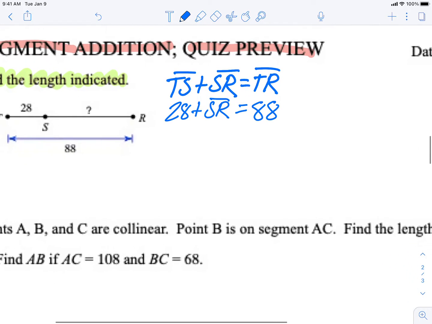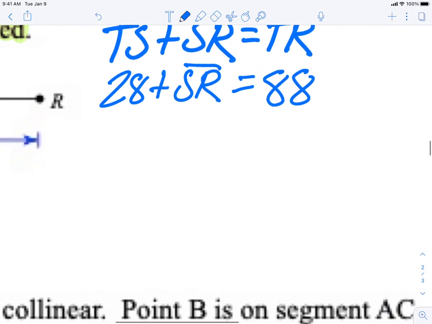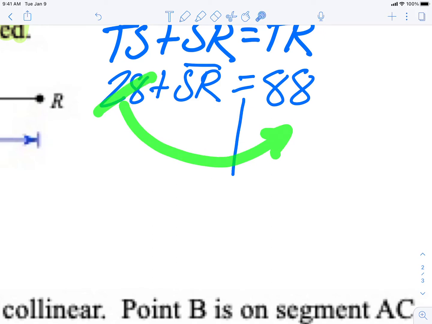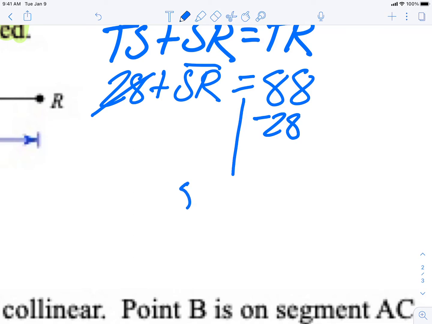Okay, here we go. So let's solve for SR here. Let's draw a line of separation, right? So that means I cross out this 28 and bring it over as minus 28. So SR is equal to 88 minus 28, which is 60.